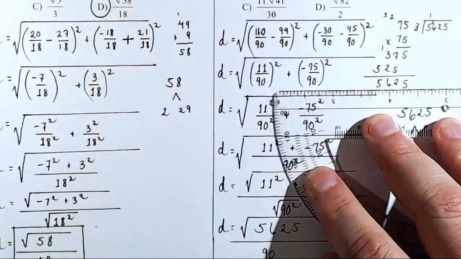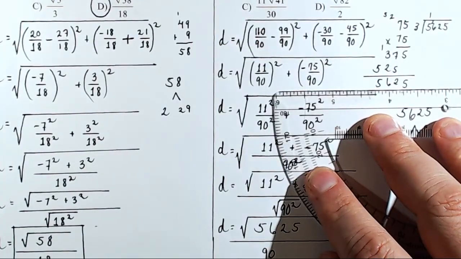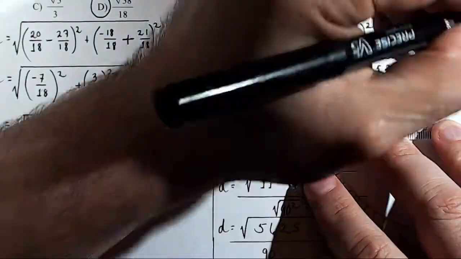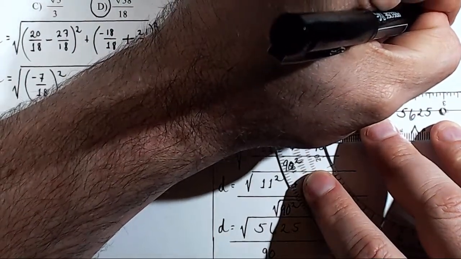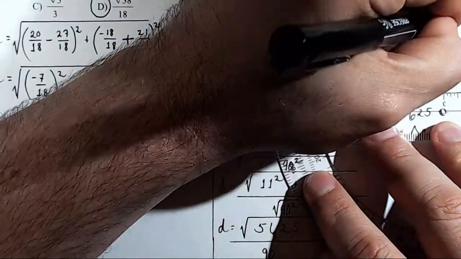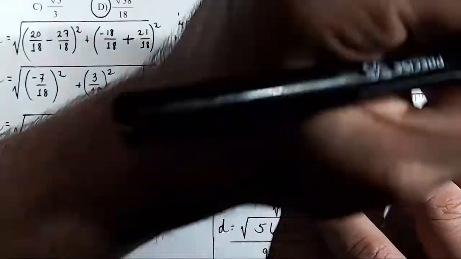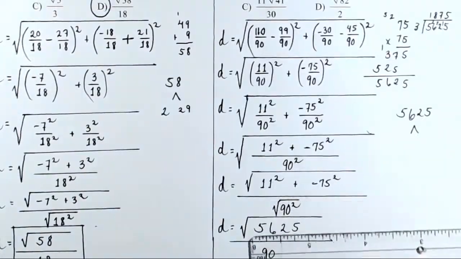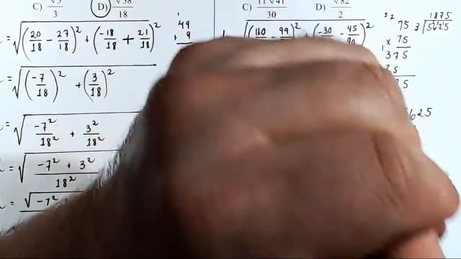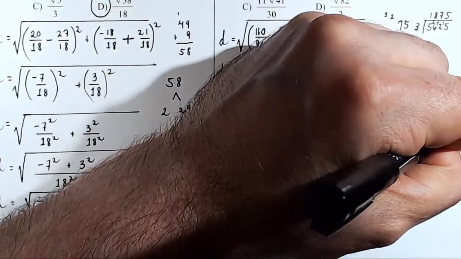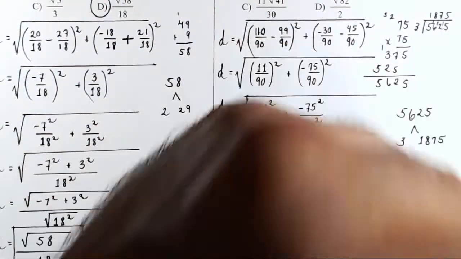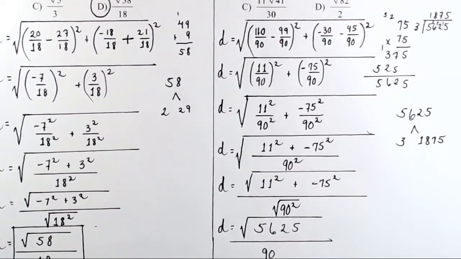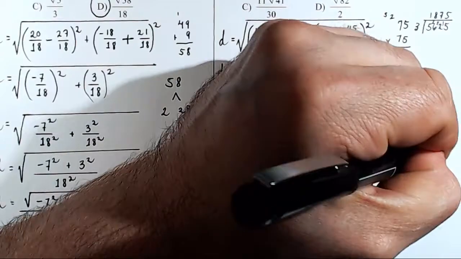So 3 goes into 5 once. Carry the 2. 3 goes into 26 8 times. Carry the 2. 3 goes into 22 7 times. Carry the 1. 3 goes into 15 5 times. Oh my God. So 3 times 1,875. So 1 plus 8 is 9, plus 7 is 16, plus 5 is 21. So this is also divisible by 3.